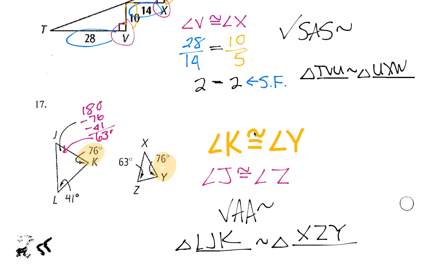If two of them are congruent, because they all have to add up to 180, it's basically assumed that the third one is going to be congruent. So remember, angle, angle, side, side, side, they're all shortcuts so that we don't have to show that every single angle is congruent and every single side is proportional. We're trying to do the least amount of work possible. Okay, so you just pick two that you can find.